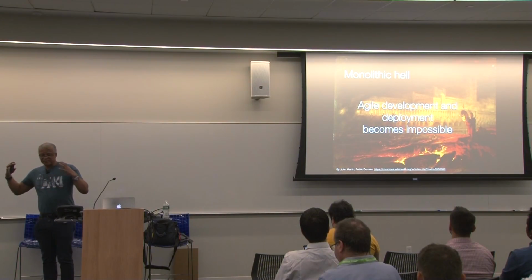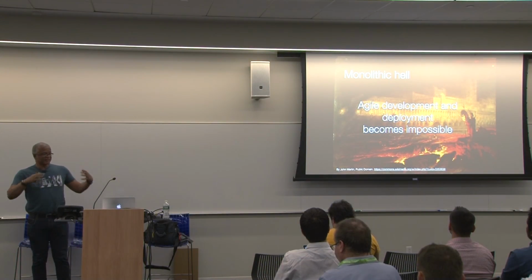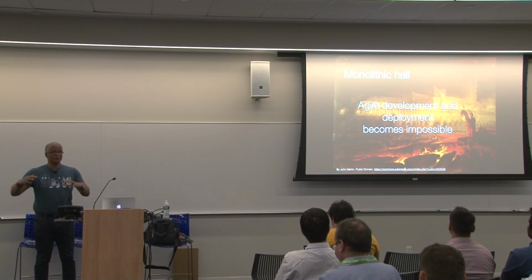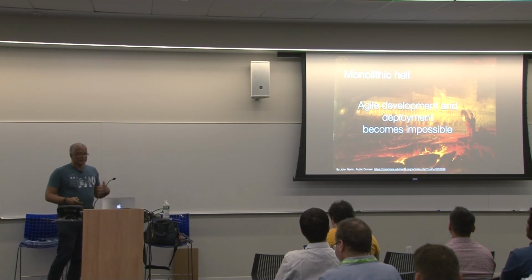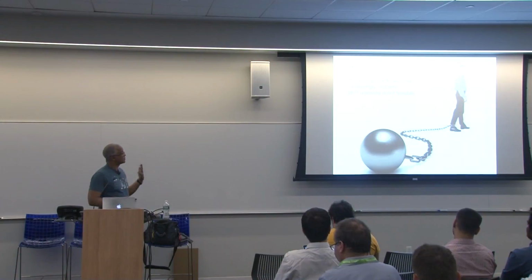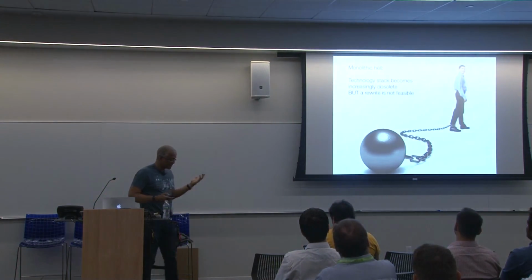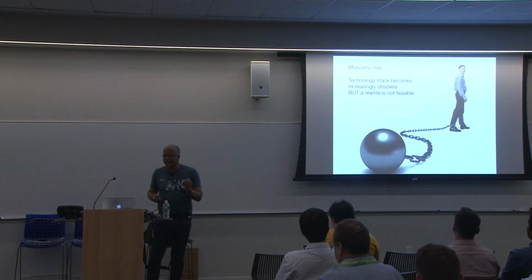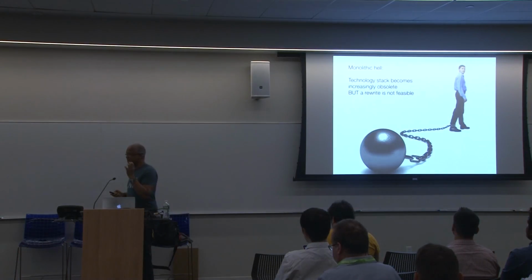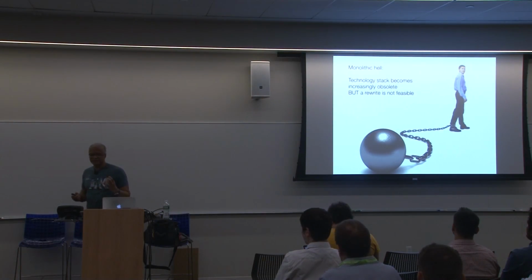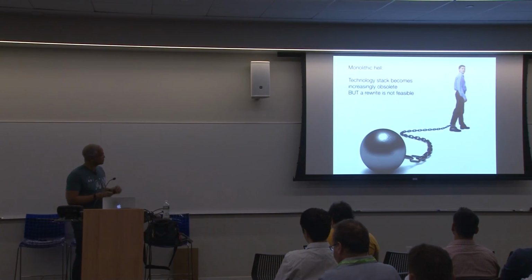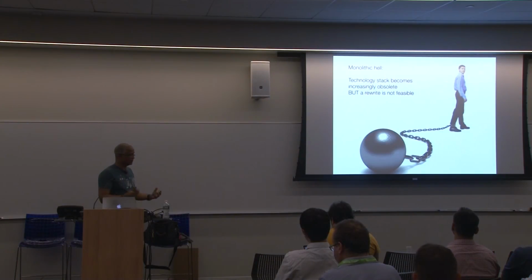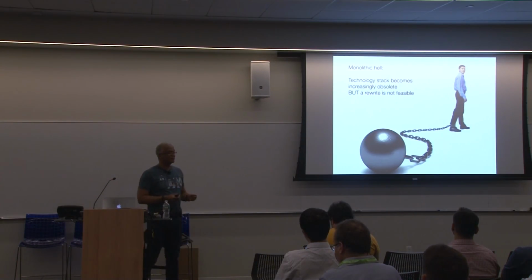Everything about developing, deploying, and testing is incredibly slow and painful. And to make matters worse, this is another attribute of monolithic hell, you're very likely to be tied to the technology stack that you started with at the beginning of the project. So you're using obsolete technology, and you're in a very, very painful place.